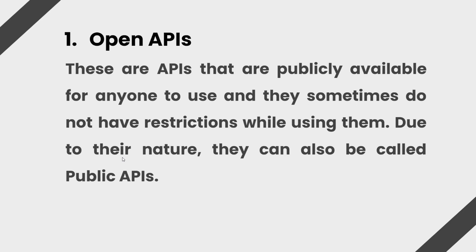So, due to the nature of this API, which is public, they can also be called public APIs. These APIs are just basically out there. Someone out there actually created them, but he probably just felt, anybody can connect to it and use it. And sometimes you can see free APIs which could pertain to some particular type of data.